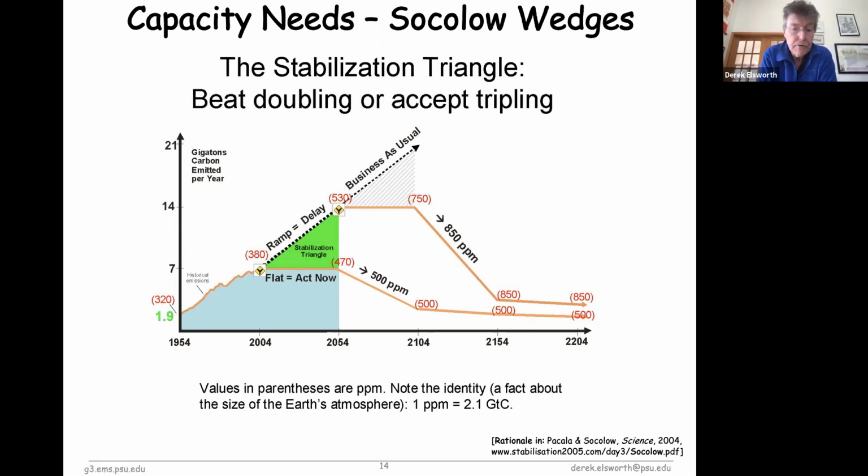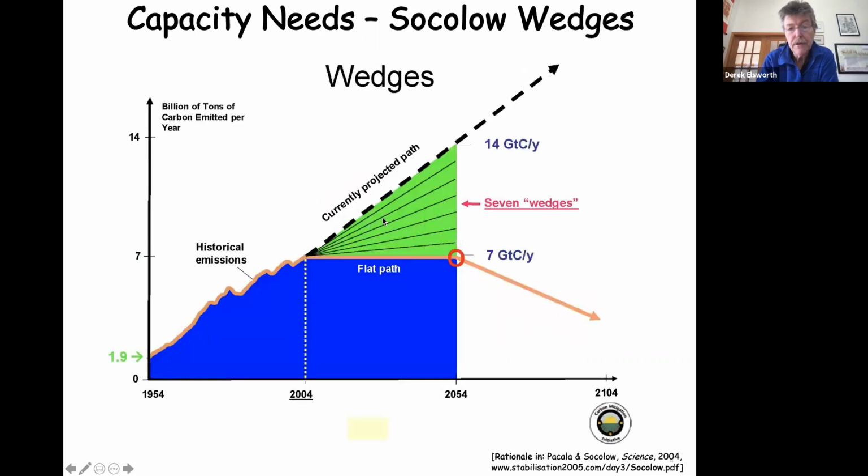And so this paper from now 17 years ago was making the case that this stabilization triangle, you could think of as being a number of stabilization wedges. Each of these wedges would be reducing by 1 gigaton of carbon per year the increase of carbon over 50 years. So each of these wedges would be 1 gigaton by 50 years.